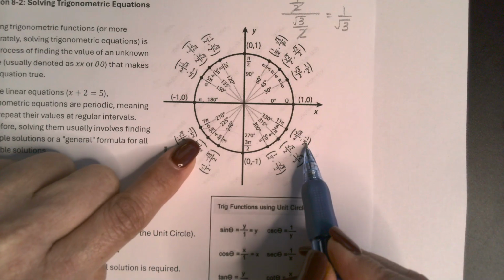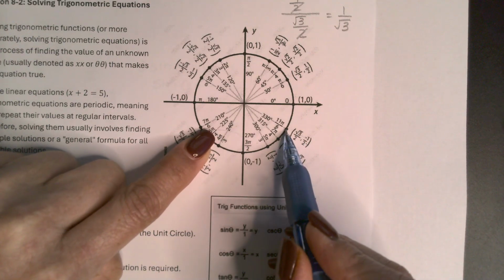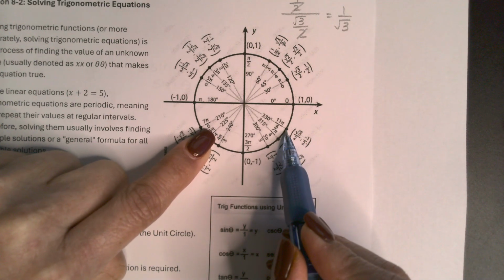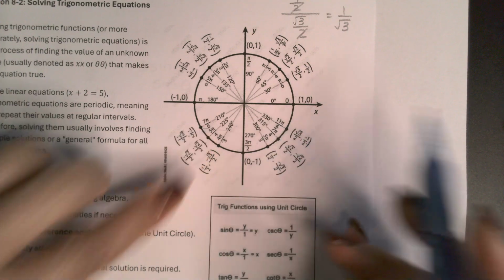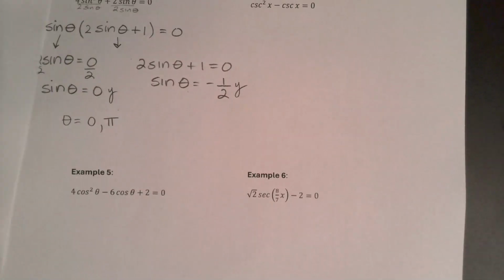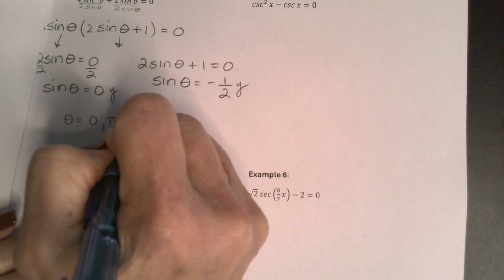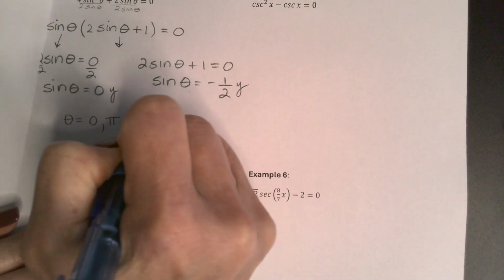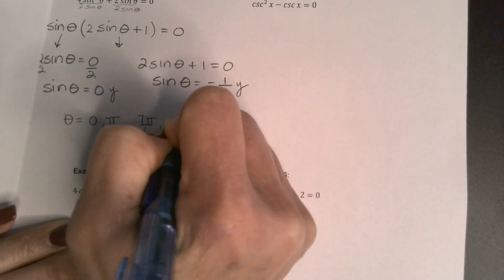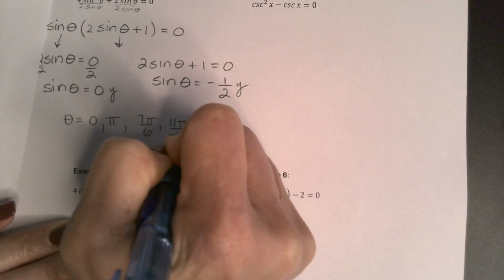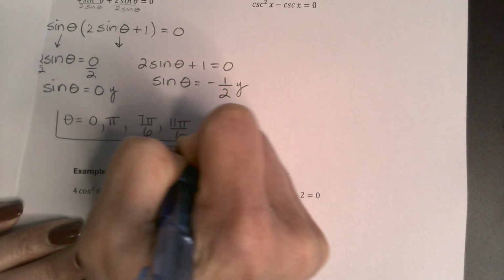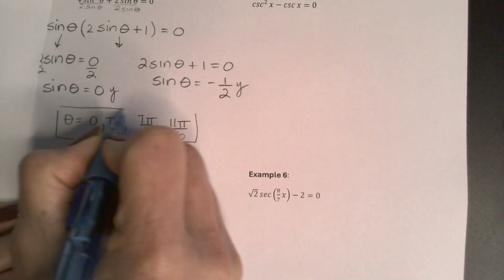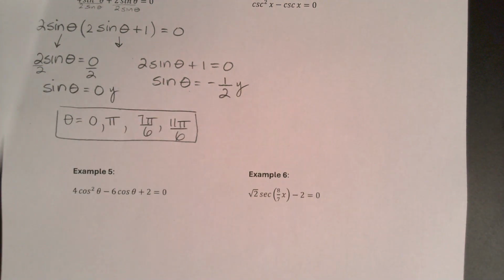So y is here and here. What are those numbers? 7 pi over 6 and 11 pi over 6. Again, here's a situation where we had two equations that yielded 4 answers.